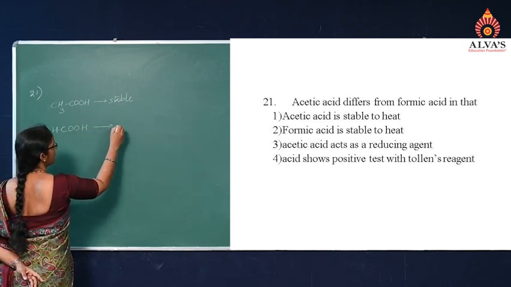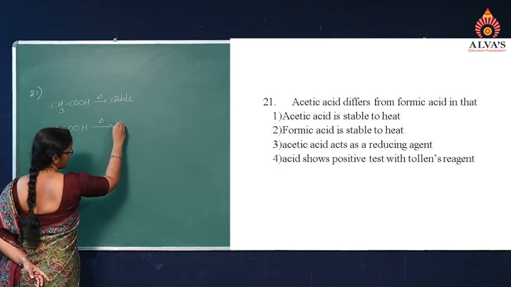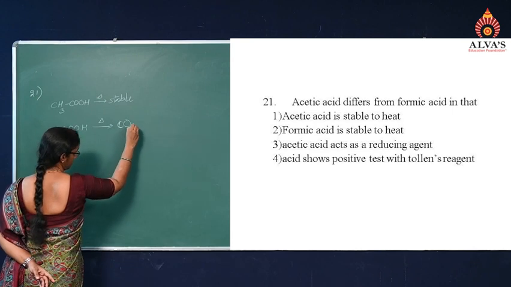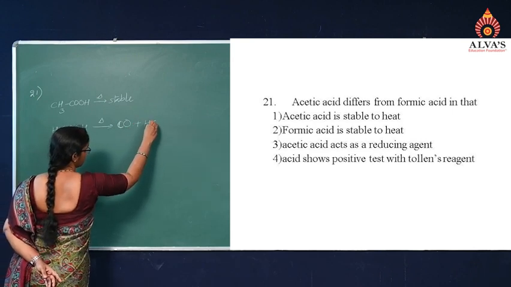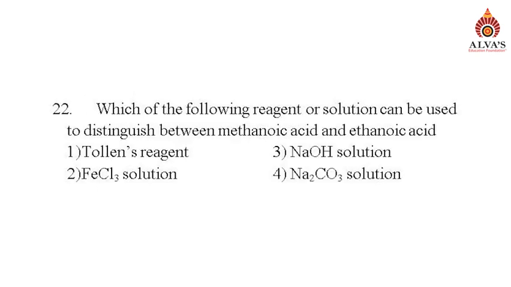On heating, it decomposes to carbon dioxide, carbon monoxide and water. As a result, option 1, that is acetic acid is stable to heat, is correct. So answer is 1.